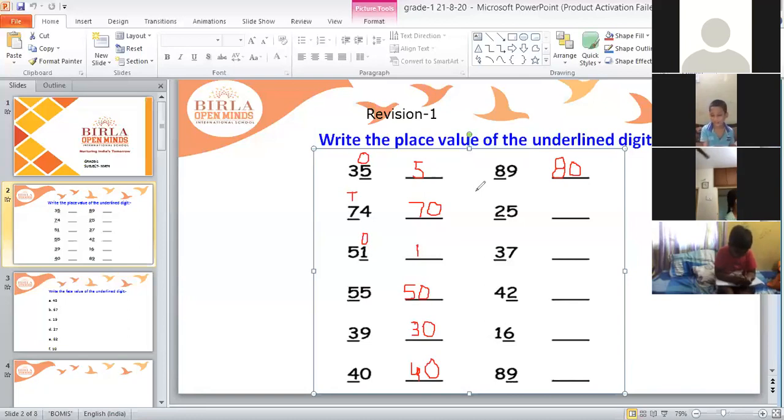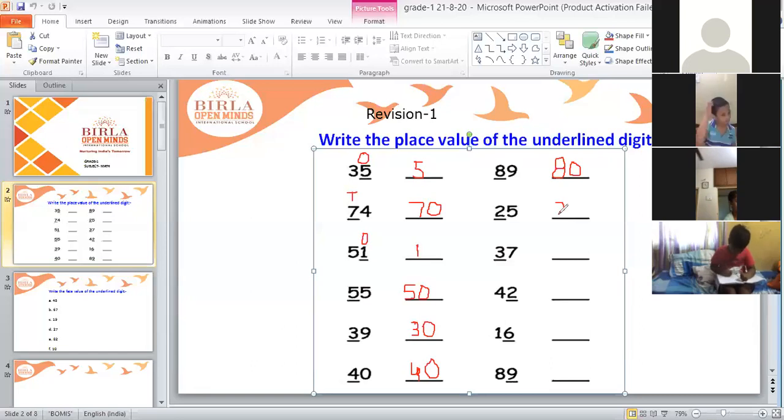Okay. Ananya, unmute yourself and you tell me the answer for the next one. The number is 25. Which digit is underlined here? 2. Okay, fine. So 2 is underlined, so we will write 2 here.